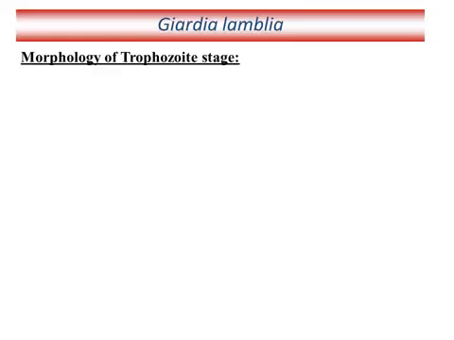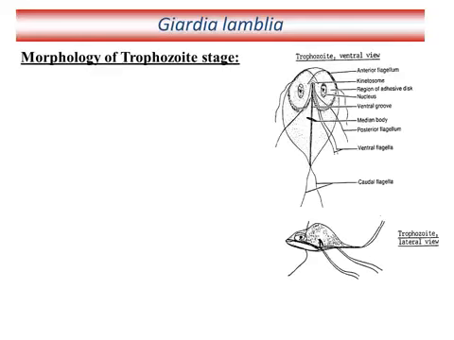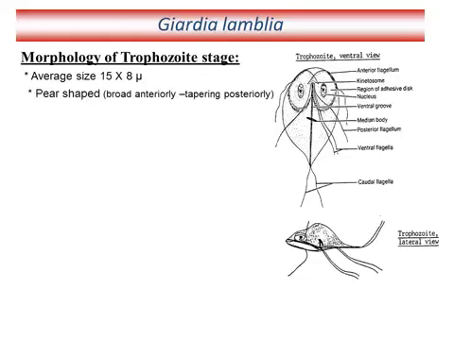Morphology of the trophozoite stage. Average size 15 by 8 micron. Pear-shaped, broad anteriorly, tapering posteriorly.